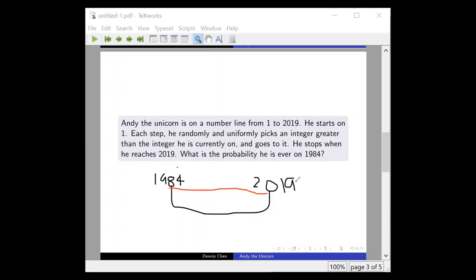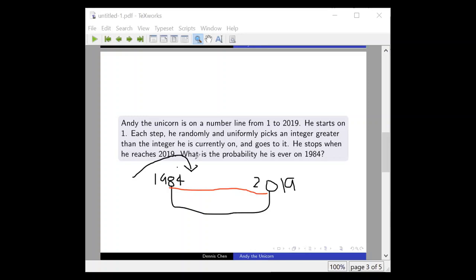There's only one time he can enter this interval because the way it's defined, he moves forward. And the way the problem is defined, the probability of landing on any number in this interval is the same. So the only thing we care about is this move in the interval.